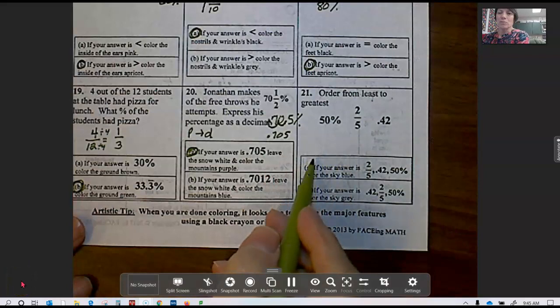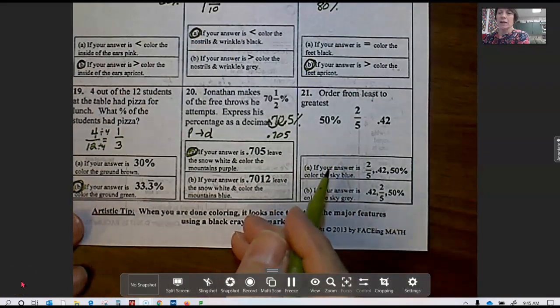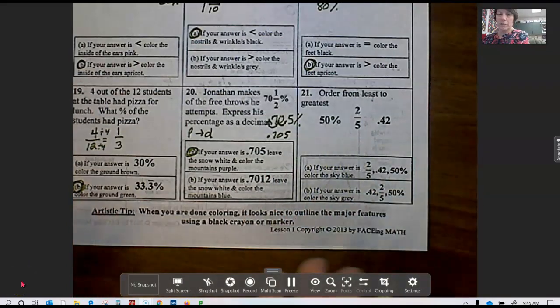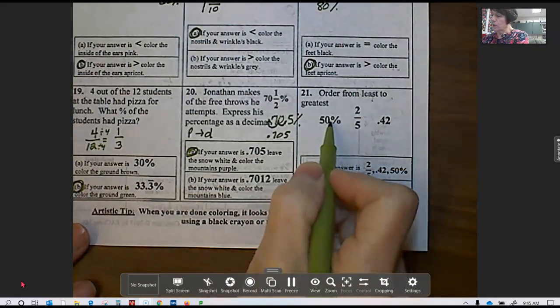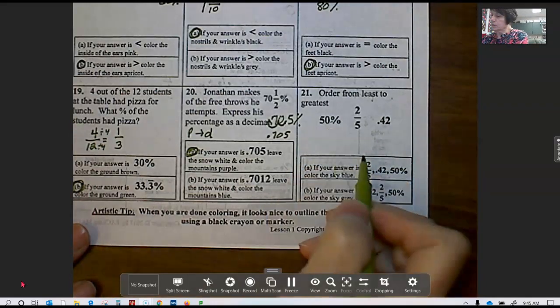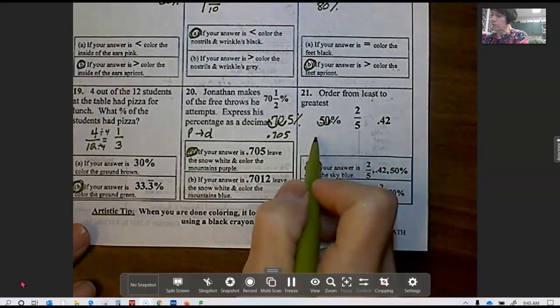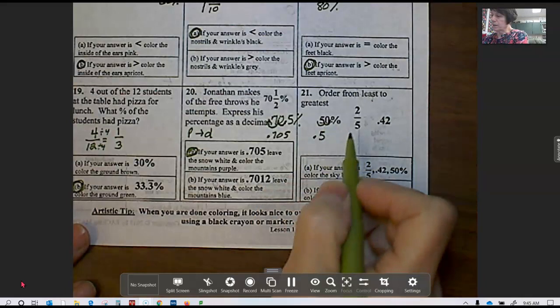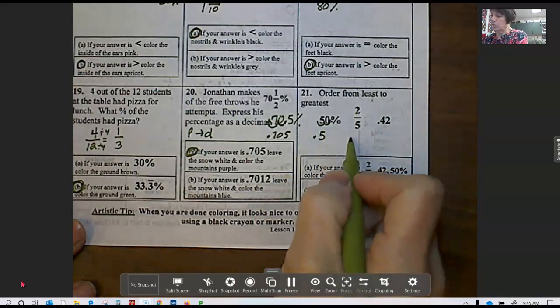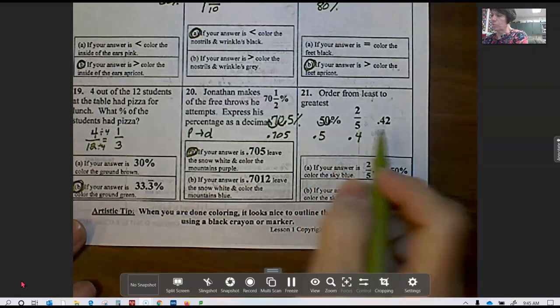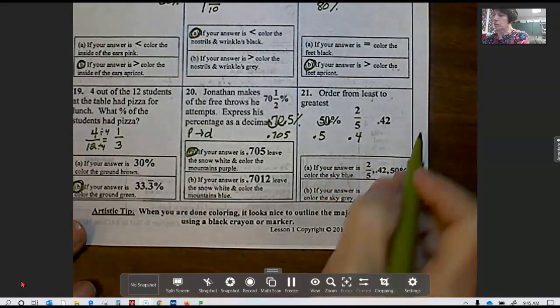This one asks us to order from least to greatest. We need to have them all in like terms, or like forms, before we can do that. And so I'm going to change my 50% to, let's see, 0.5. That decimal point 2 places to the left. 2/5 we know to be 0.4. Remember, when it's fifths, we just double the numerator.